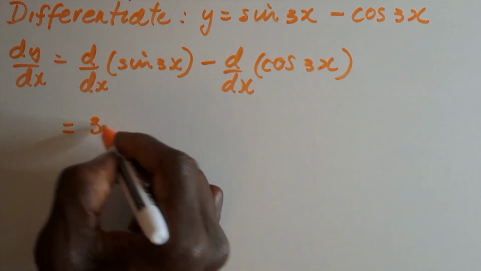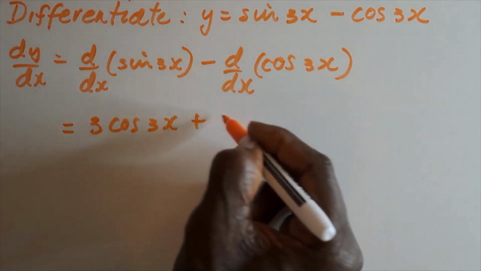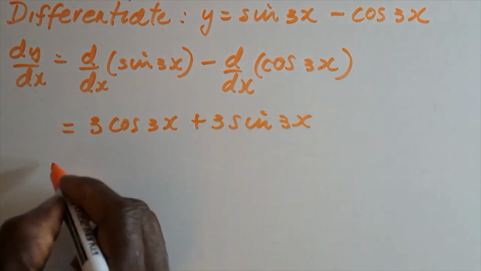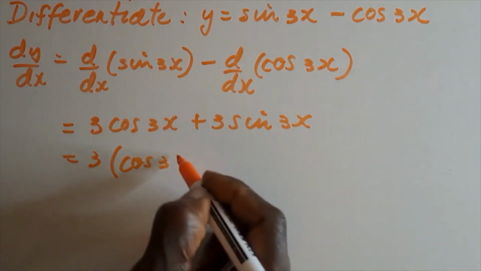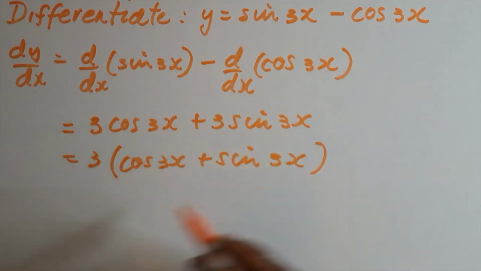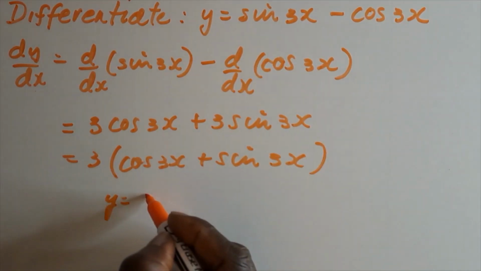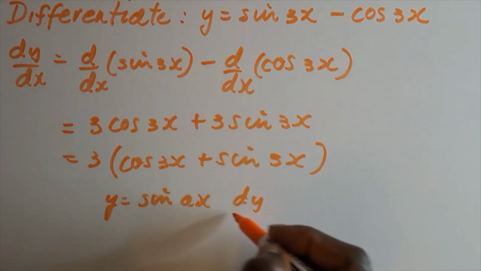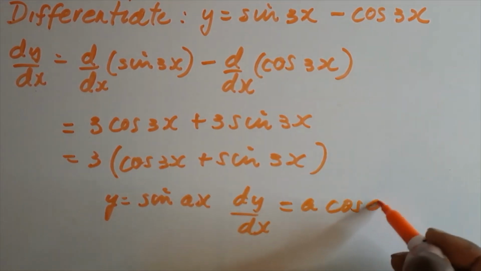This gives us 3 cosine 3x, add 3 sine 3x. We factorize to make it 3 into cosine 3x, add sine 3x. Here we make use of if y is equal to sine ax, then dy dx is equal to a cosine ax.